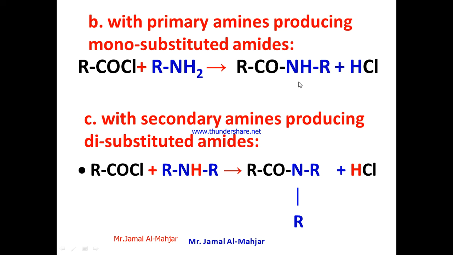Now, what we have here is a monosubstituted amide, because we have R instead of H. So monosubstituted amides, we can prepare them by reacting primary amines.